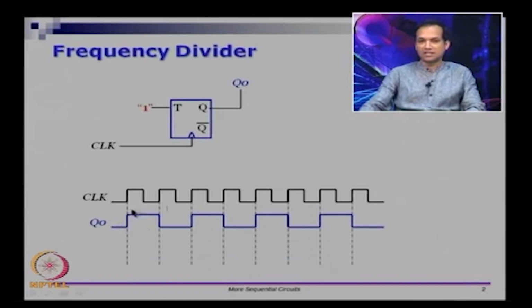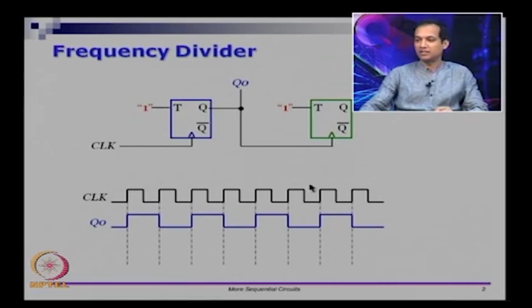So, this is fairly interesting but a very simple circuit, and something else that you can do with it is you can take this output and connect it as input to another T flip flop. What do you think will happen now?